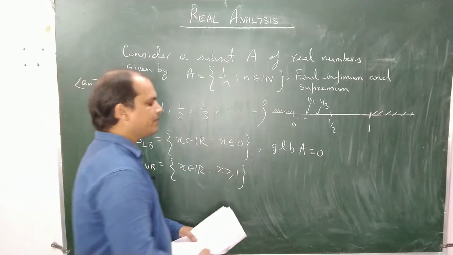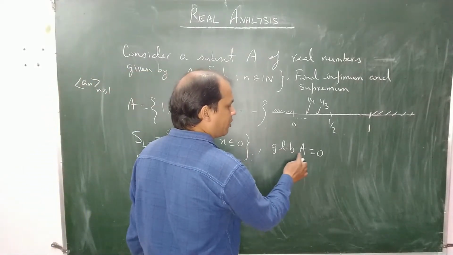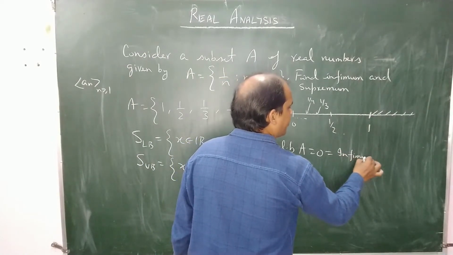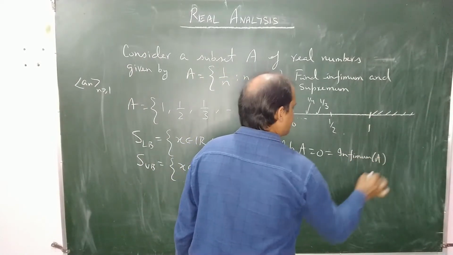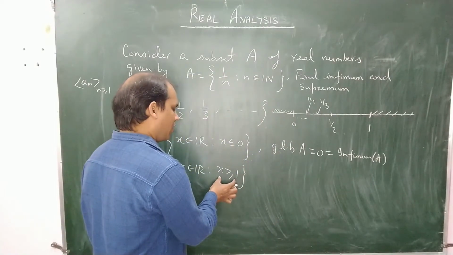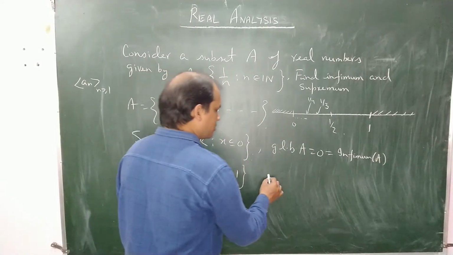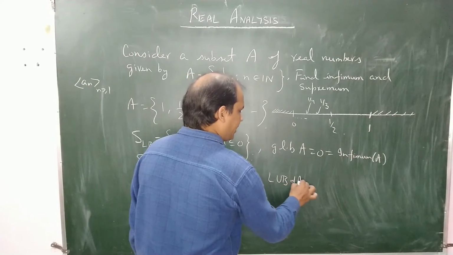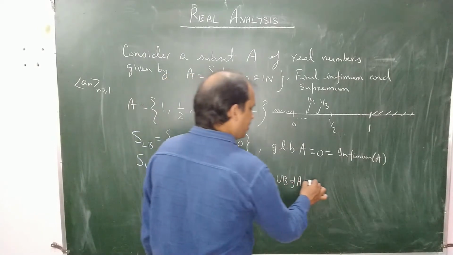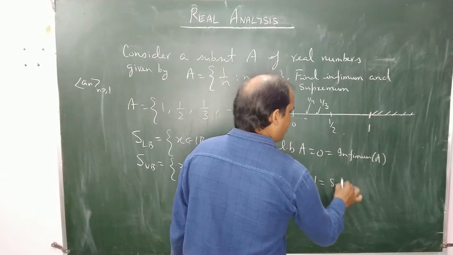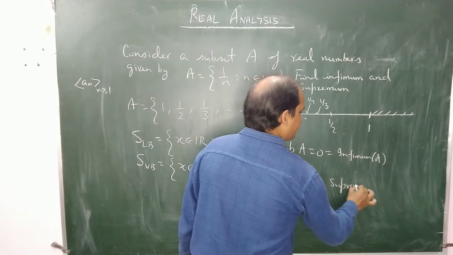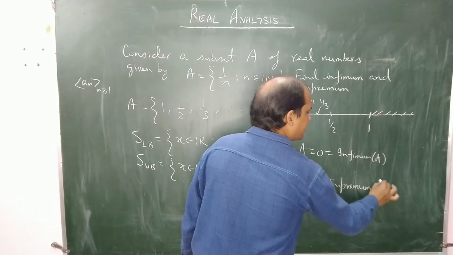So the greatest lower bound, or infimum, of A is 0. Similarly, the least upper bound of the set A is 1, which is also called the supremum of the set A.